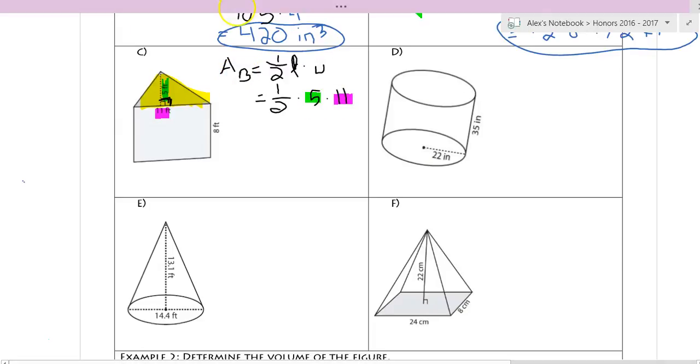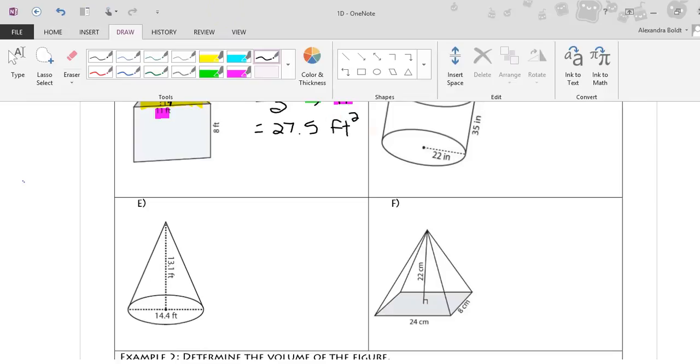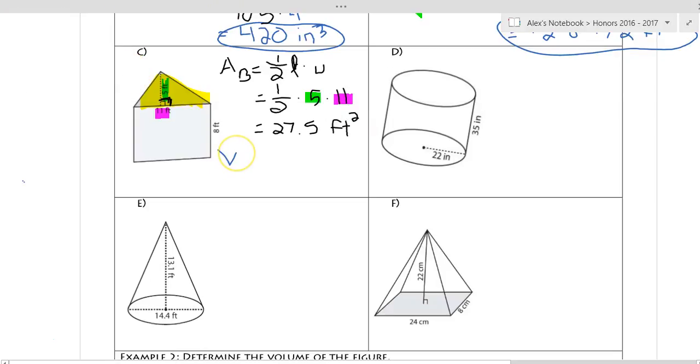When I multiply all that together, my area is 27.5 feet squared. Then to find my volume, again, I'm just stacking a bunch of those on top of each other. So my volume equals the area times the height.